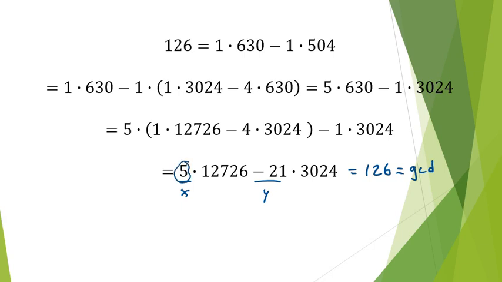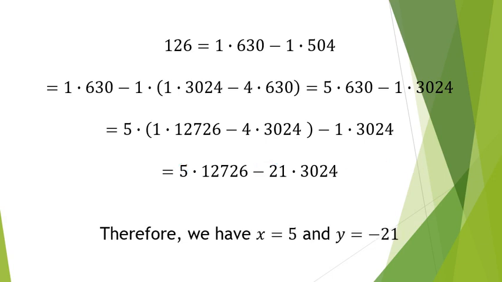So these coefficients that we have here, those guys are the integers x and y that give me my GCD. So we have our answer. We have our x and y values. X is 5 and y is minus 21.